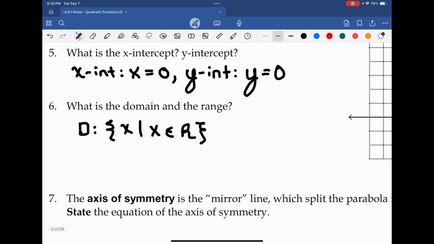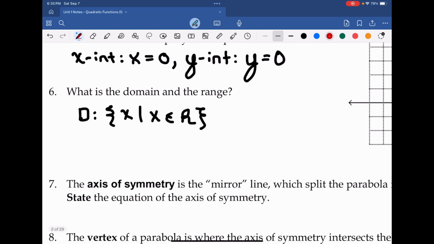If you're unsure of what this is, the vertical bar means such that, or given that these conditions occur. The symbol that looks like an e means an element of, or a part of. This is just to show it as a first time or as a reminder from the previous grades.